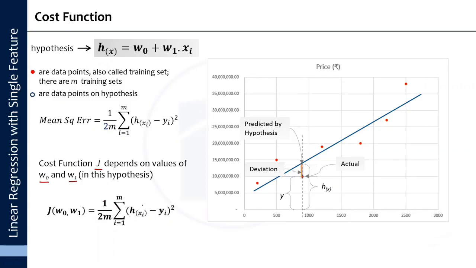So mean square error is actually the cost function. And what is the objective? The objective is to choose W0 and W1 in such a way that J is minimized.